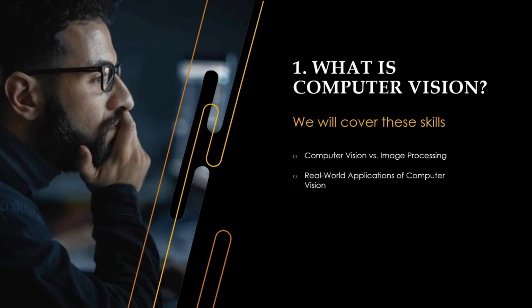Second, we will explore some real-world applications of computer vision. Computer vision is used in many areas, such as facial recognition, medical imaging, self-driving vehicles, security systems, retail, and many other everyday applications. So, let's first understand the difference between computer vision and image processing.